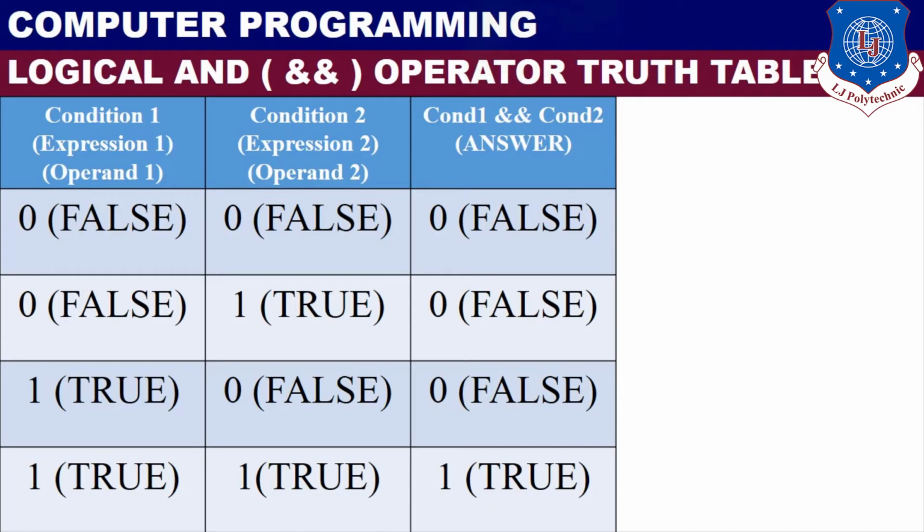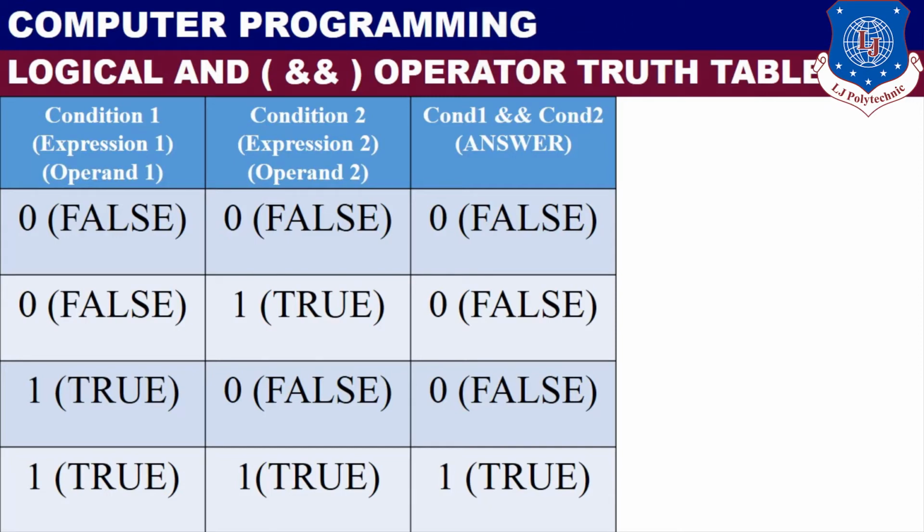In expression 2, the values are 0 1 0 1, where 0 is false, 1 is true, and in expression 1, 0 0 1 1. If both conditions are false, meaning expression 1 and expression 2 are both false, the answer will be false.